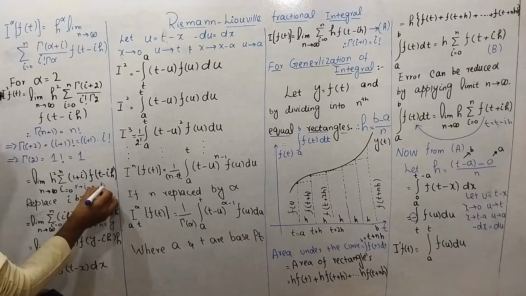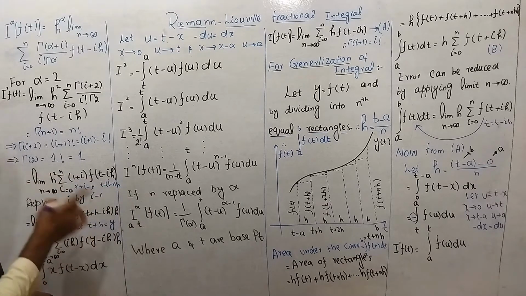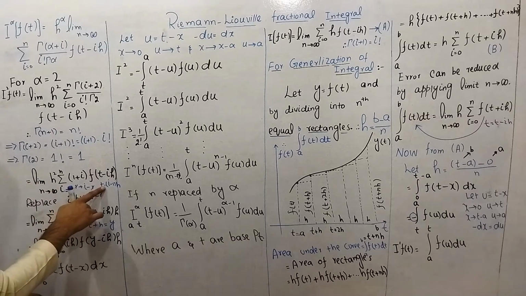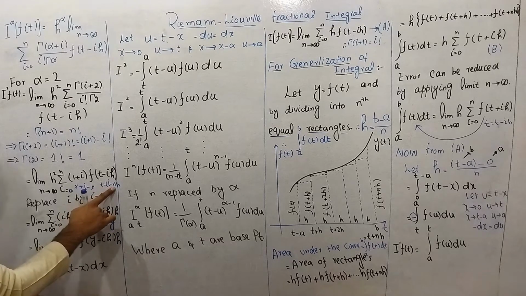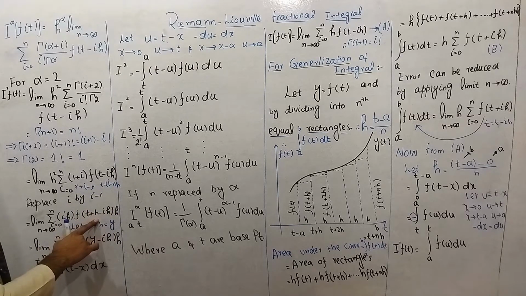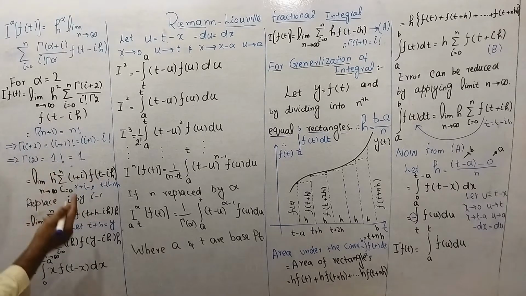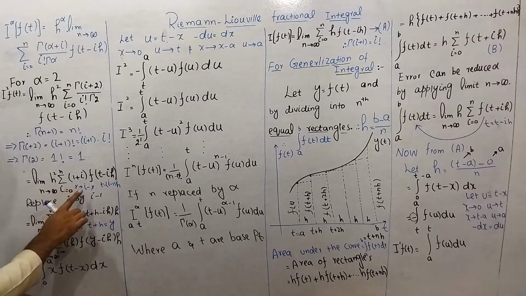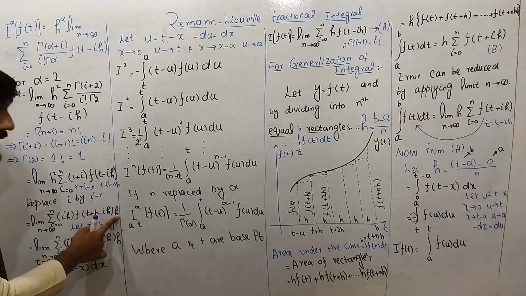If you replace t minus (i minus 1) into h, the result will be t minus i into h, and minus minus plus 1 multiplied by h is plus h. Here h squared will be divided into two values of h. One we put with i, so i of h, and the second h is multiplied here.